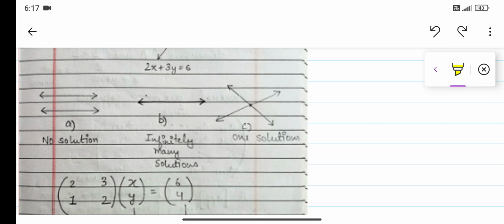Now, as I said at the start of the video, we are going to learn about matrices. So you might be wondering what matrices are and what they have to do with these simultaneous equations, right? The idea of matrices is to neatly present the idea of solving simultaneous equations, right?